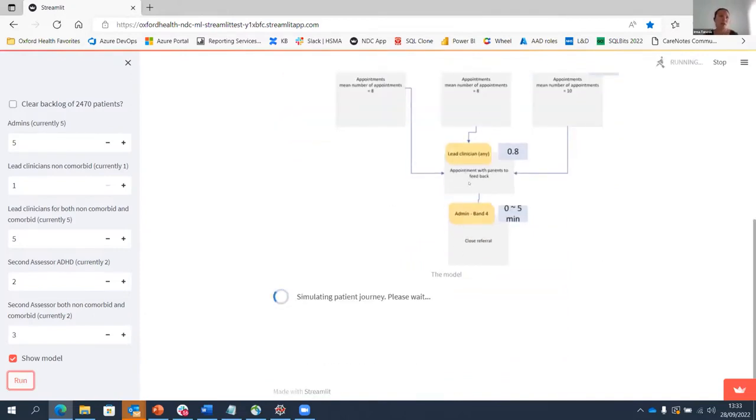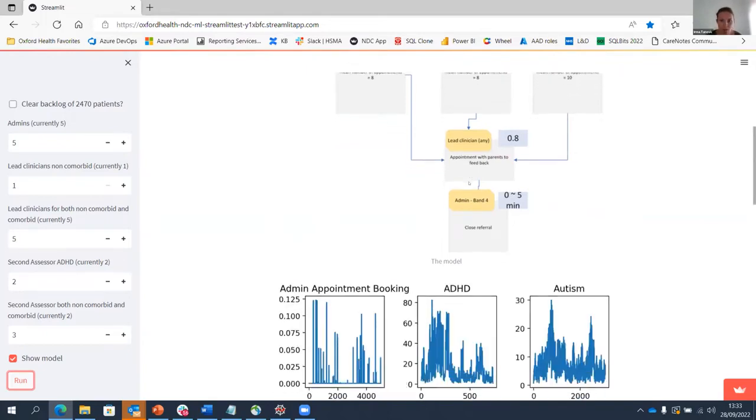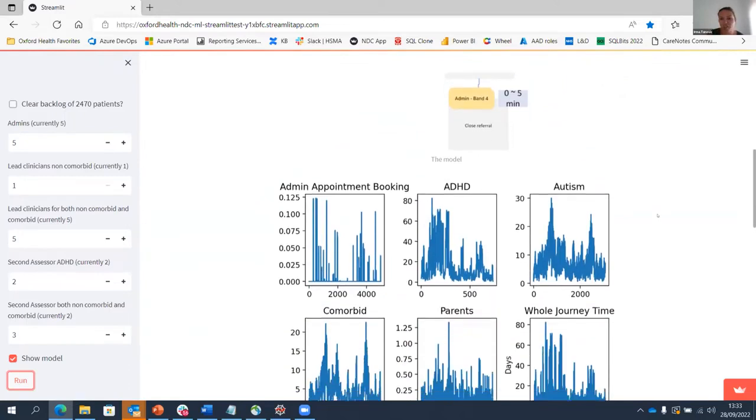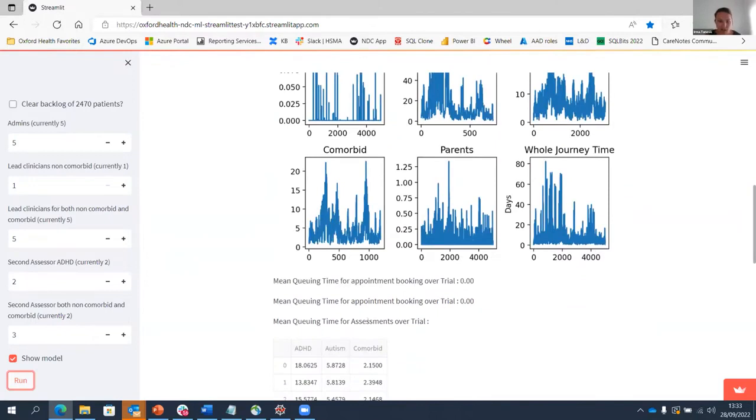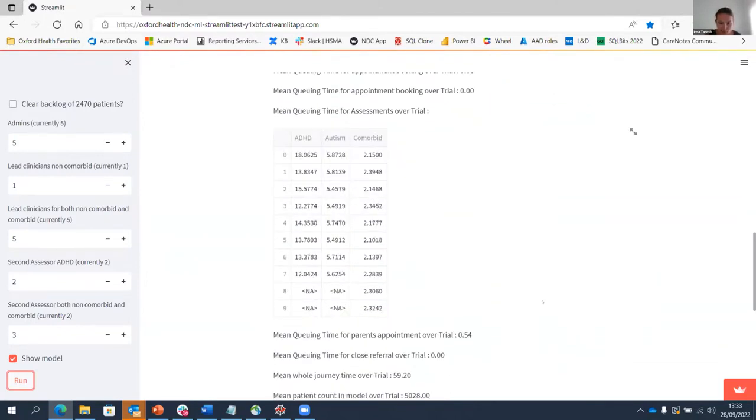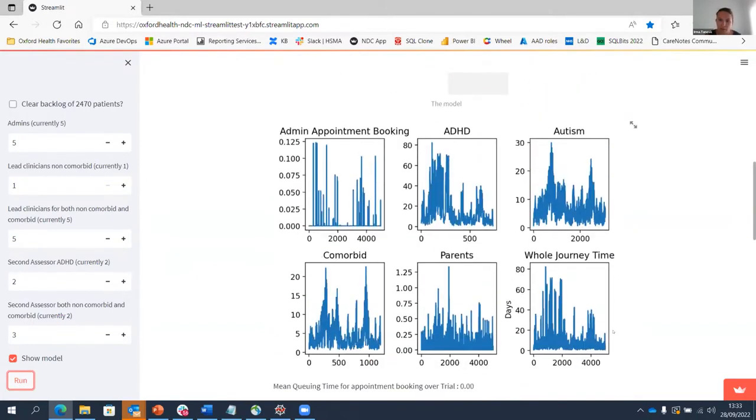Remember, our waiting time was in hundreds of days. And I'm just going to look at what happens if I increase the second assessor both. This is now the waiting time split again in days, but the whole waiting time is down to 20, 40, 60. I do have here statistics about the median waiting time and so on.